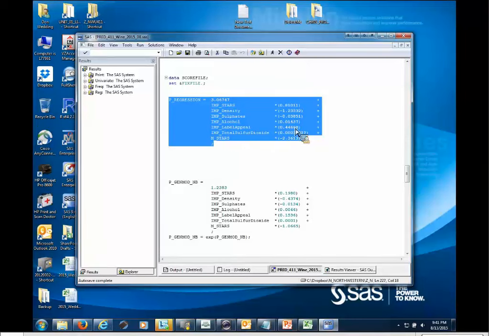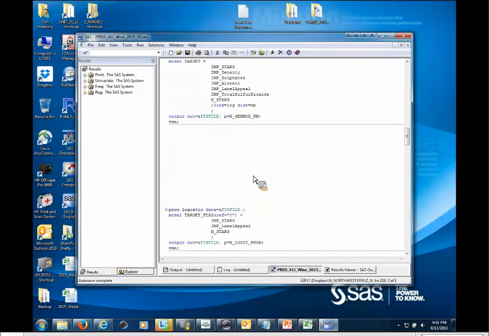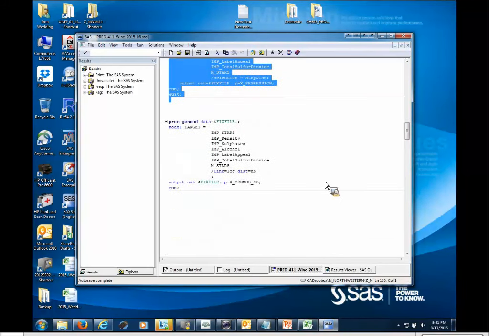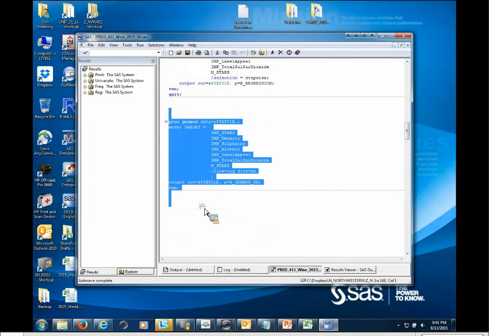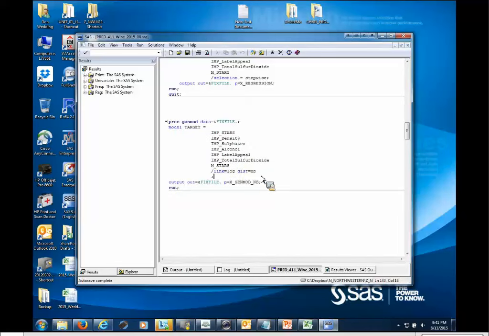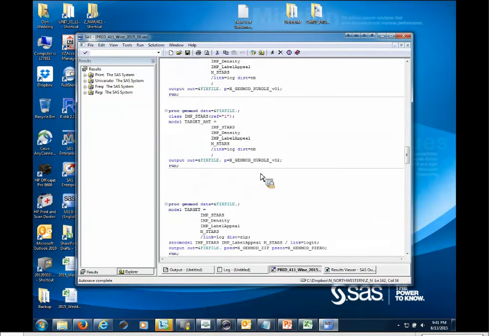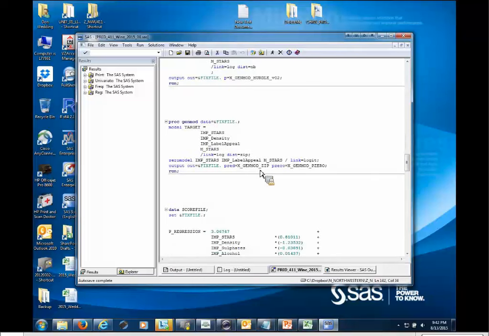So anyways, I built this guy right here. Now, here is proc GenMod with negative binomial. Incidentally, some of you students, depending on the version of SAS you have, later on we have zip models, and also ZINB, zero inflated negative binomial.